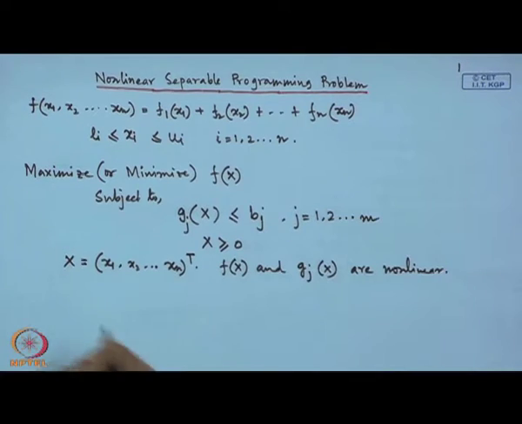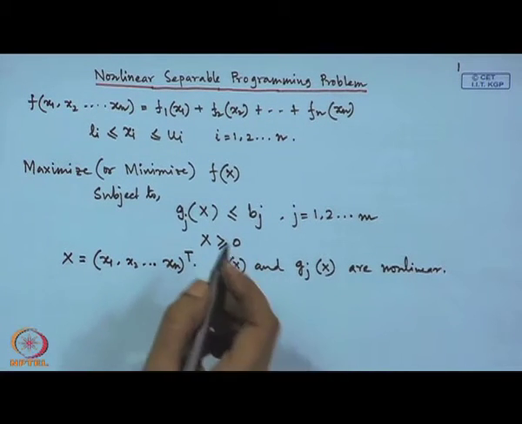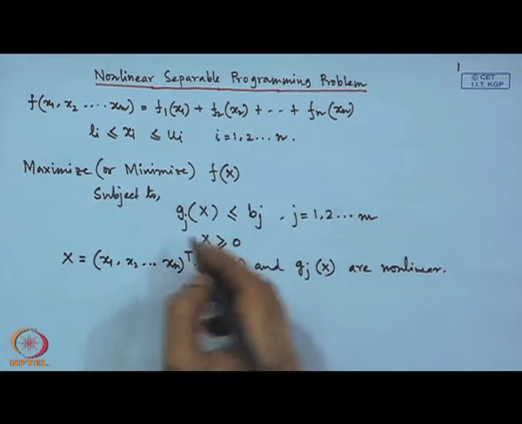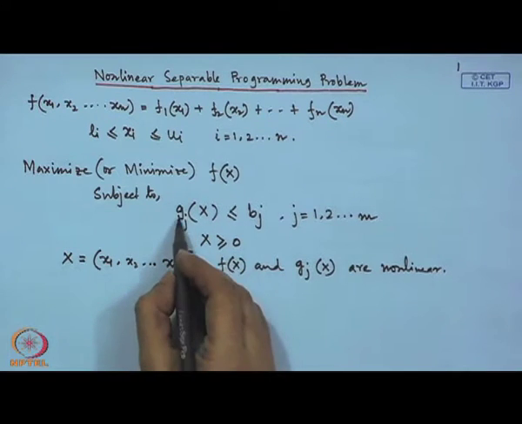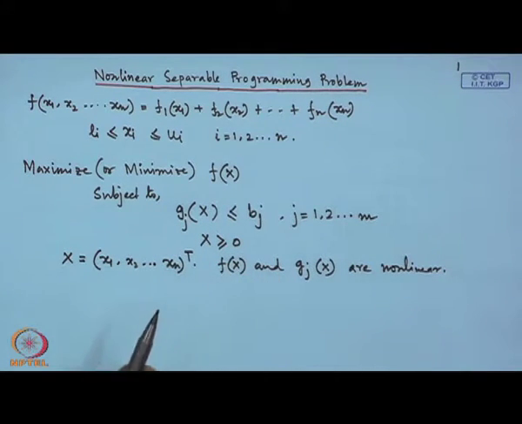Now, as I said, for the separable programming problem, the objective function f(x) and the constraint functions gj(x) are separable in nature.